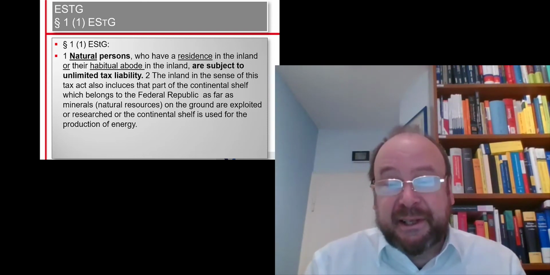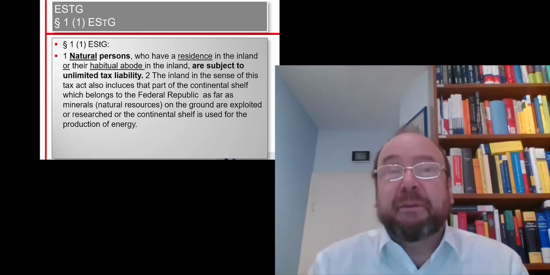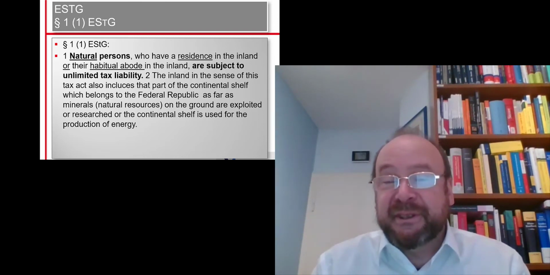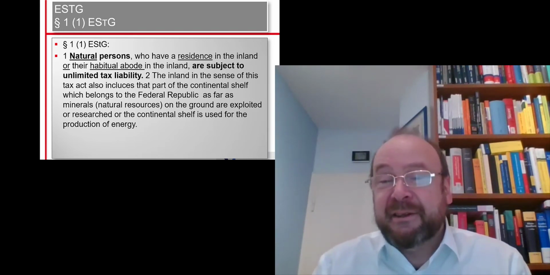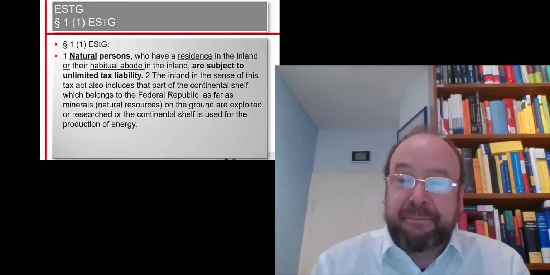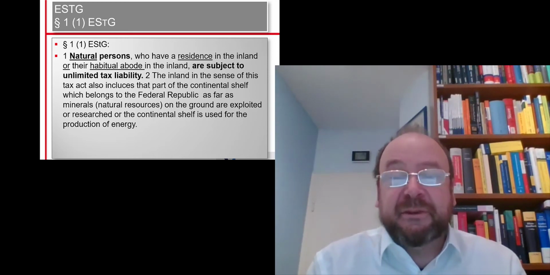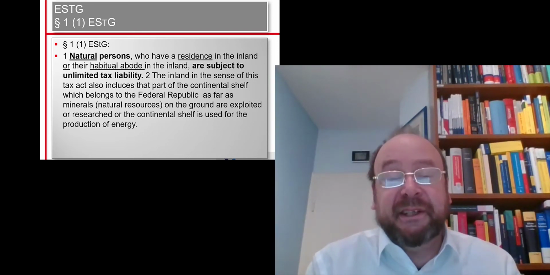A prison cell is, ladies and gentlemen, something where we can agree, probably not a home which you intend to keep and to use. Your intention would be to leave it as quick as you can and to forget it as quick as you can. So living in a prison cell would be an excellent way to avoid having a residence in the inland and to avoid worldwide taxation.